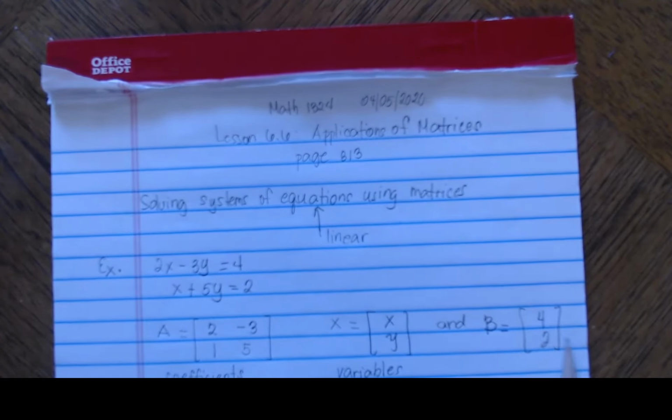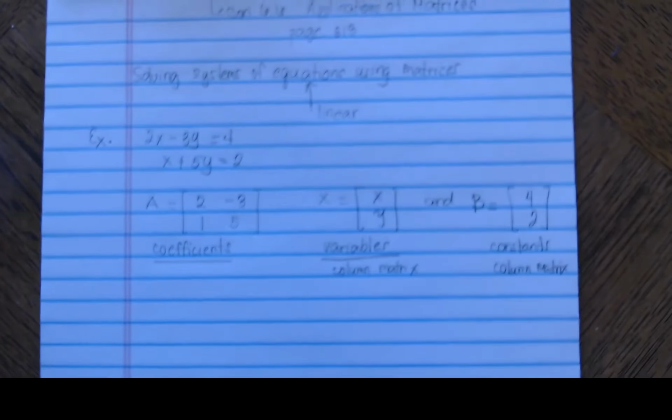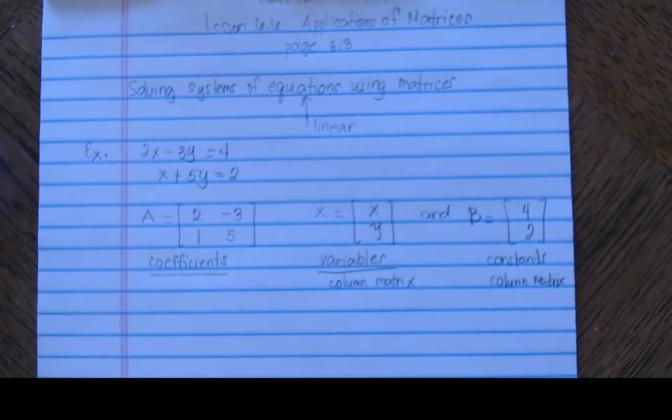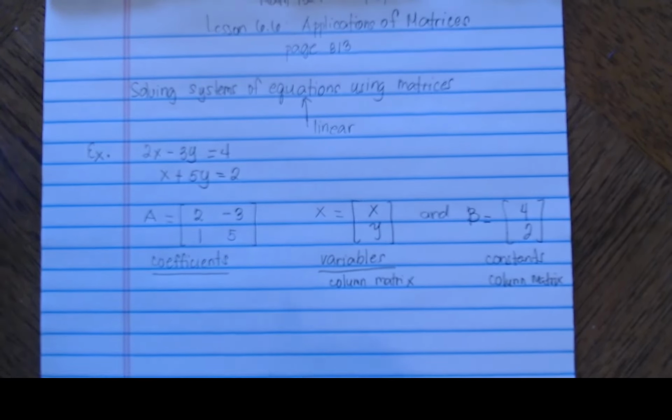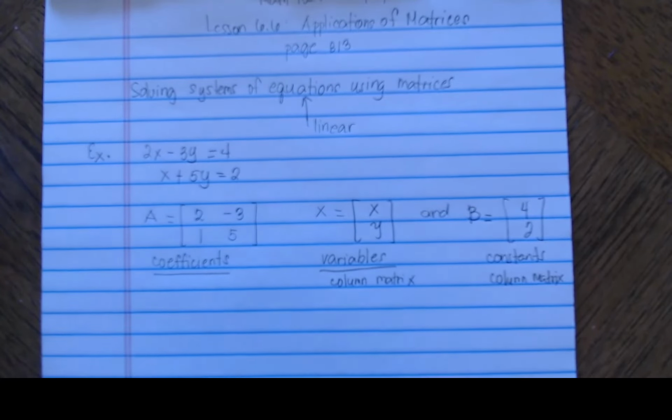This is from the constants, and it should be in a column matrix. So that's the first step you need to do: create the 3 matrices.